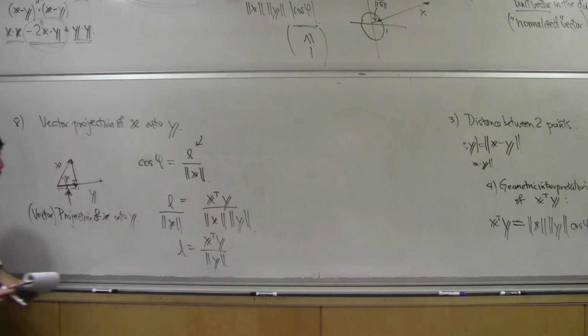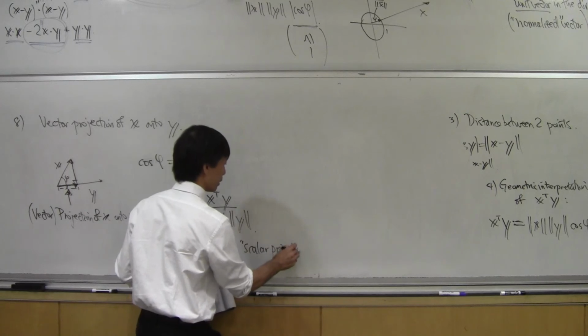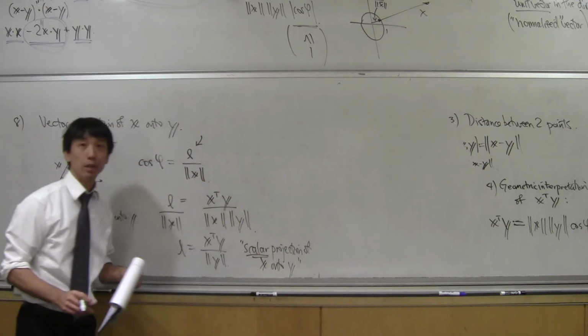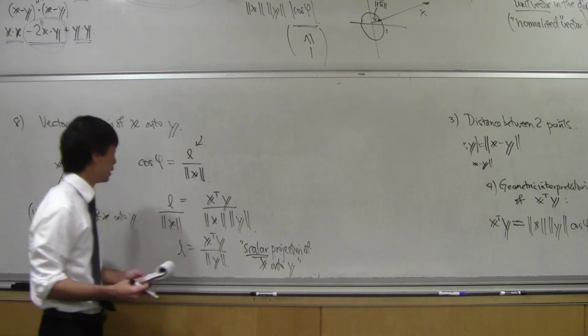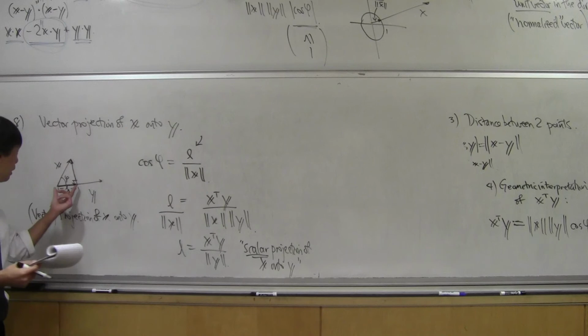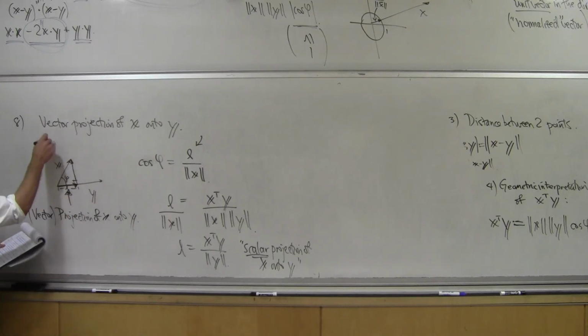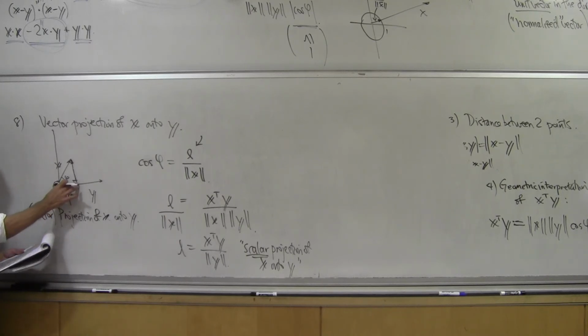This number is called the scalar projection of x onto y, if you want to give it a name. Most people just ignore it, but it's called the scalar projection. To get the vector, we have to multiply that number by the normalized y vector. We take our y vector, take its normalization, which gives us some little direction here, and multiply that guy by L, and that gives us the vector projection.